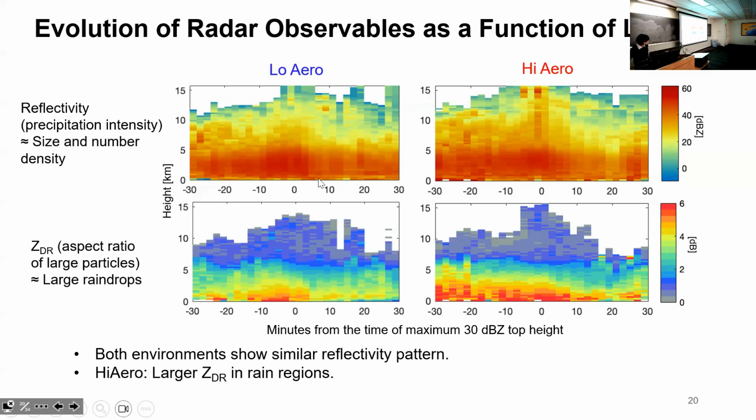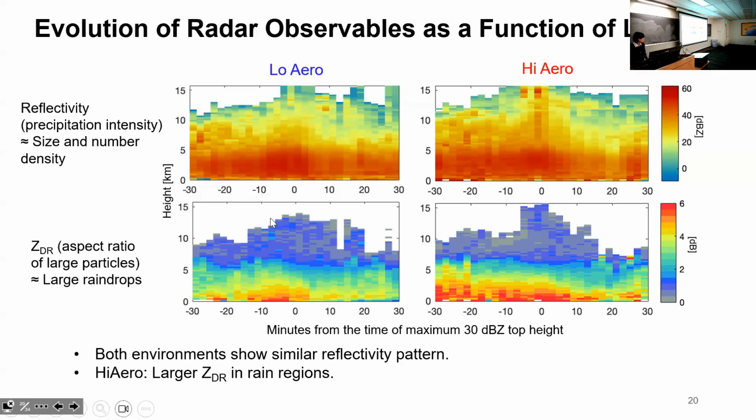So we can see some characteristics in the shallow convective period here, and then after the mature stage on the right side of each plot. As you can see, both environments show a similar reflectivity pattern, but for high aerosol environment, you can see higher reflectivity extended a little bit higher in altitude compared to the low aerosol environment, but the pattern looks similar.